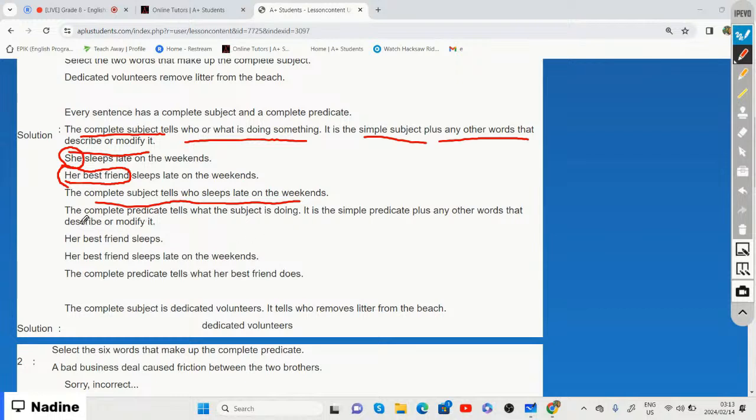Now we have a complete predicate. A complete predicate tells us what the subject is doing. Remember, we said a complete subject is who or what is doing something. And a complete predicate, on the other hand, tells us what the subject is doing.